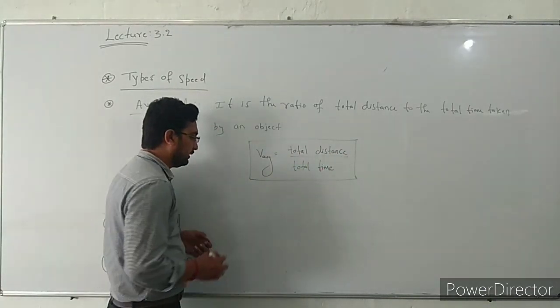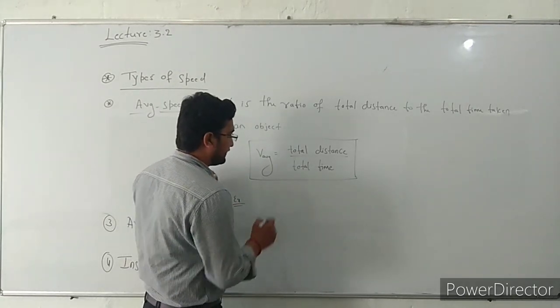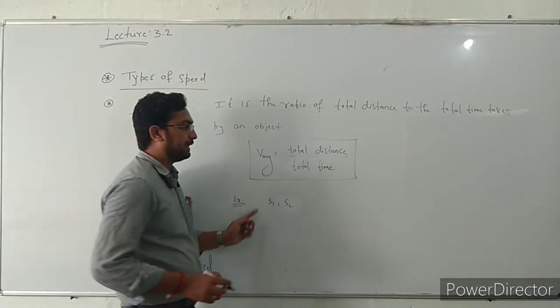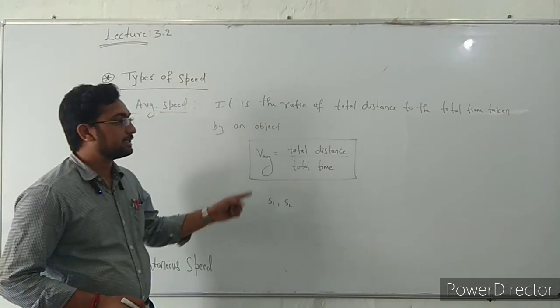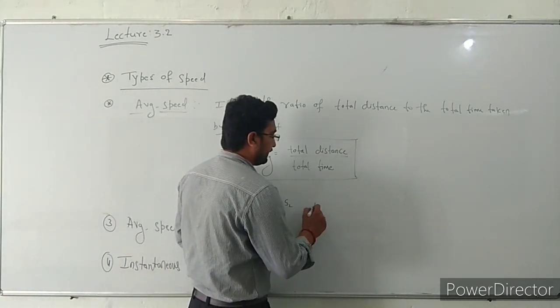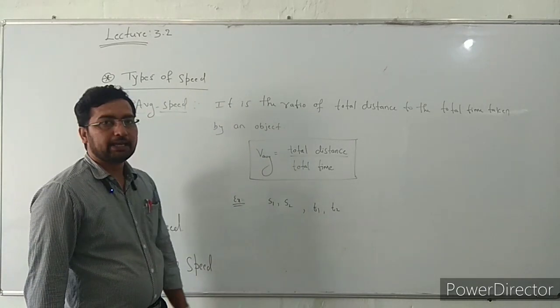So for example, consider a body. It covers distances S1 and S2. Let S1 and S2 be the distances covered by an object in time intervals T1 and T2. Then find the average speed.